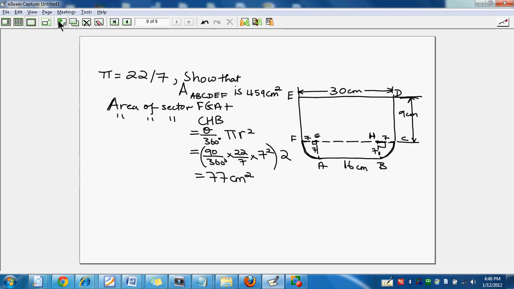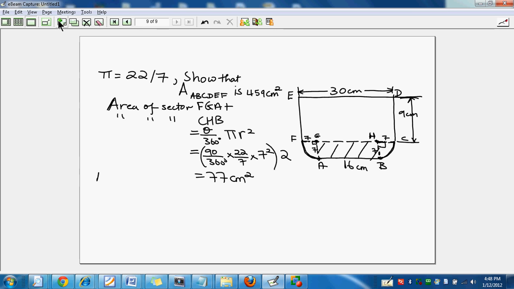The next one we will find is the area of the rectangle GHBA, which is this area in here. We will calculate that, and that's easy.